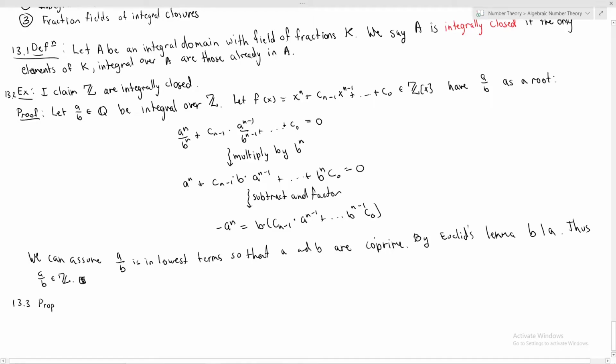Proposition: any UFD is integrally closed. So basically you can replicate this proof for Z, but instead of having Z, make it a UFD, and it'll be very similar.